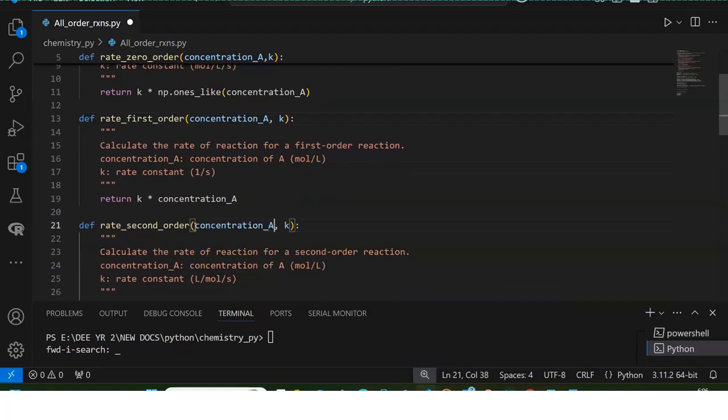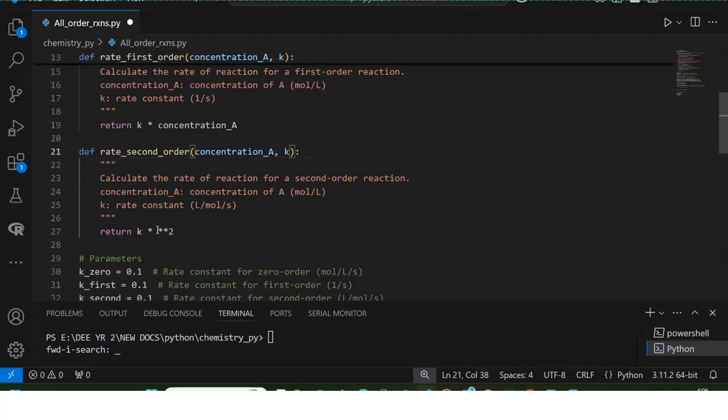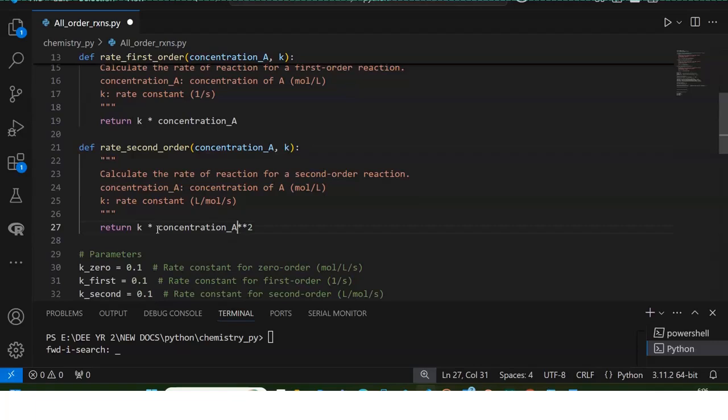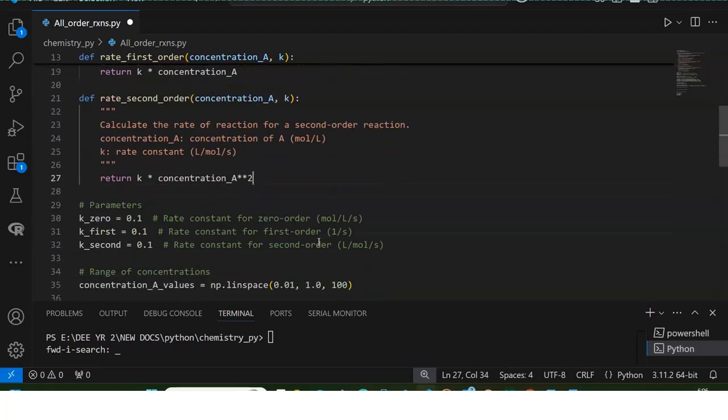Second order also, the input is concentration of A, and then an input is K. So it is going to be producing K times concentration of A squared. This is how we write the square, or if it was cubed, then we would just put 3, but it is squared.